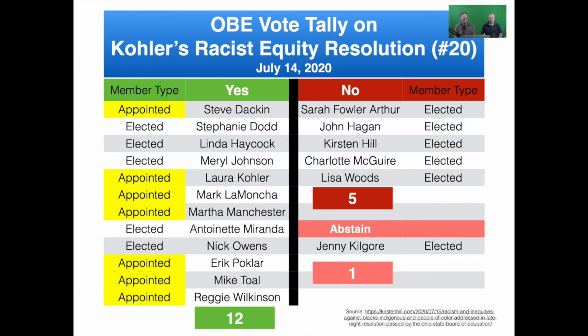It would have been 5-5 with 1 abstention, or even 5-6, because the abstention, the person probably would have voted with the no side. So that shows you how influential the governor can be with his appointments on the Ohio Board of Education. Yeah, it's true.